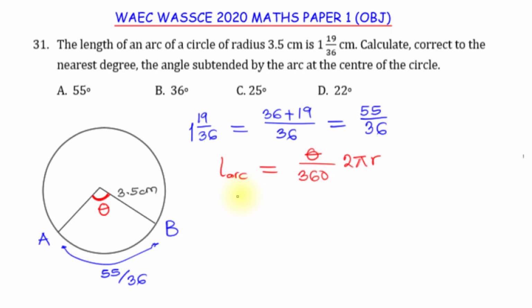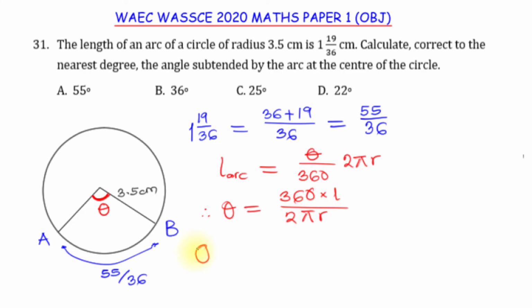To look for theta, I can just put in the values and evaluate directly, or alternatively, make theta the subject of the formula, so theta will be 360 multiplied by the length of the arc, over 2 pi r.